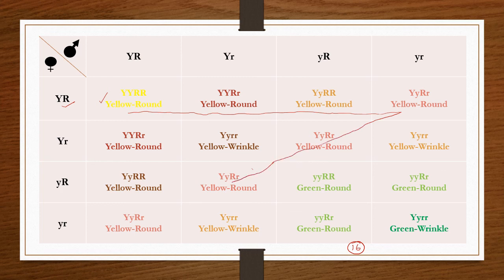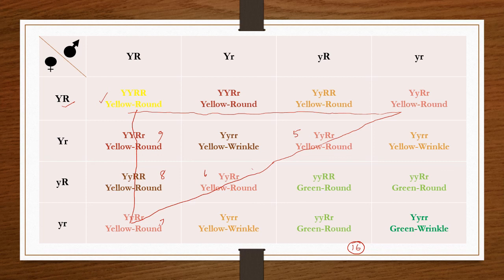Diagonally it is yellow round, and again if you go vertically upwards, these are all yellow round. So in total how many are there? These are 4, this is 5, 6, 7, 8 and 9. So 9 offsprings are yellow round seeded plants. That is, phenotypically all these 9 are yellow round.